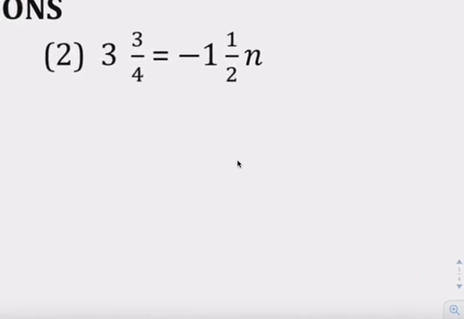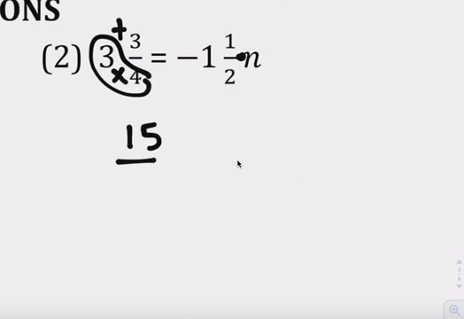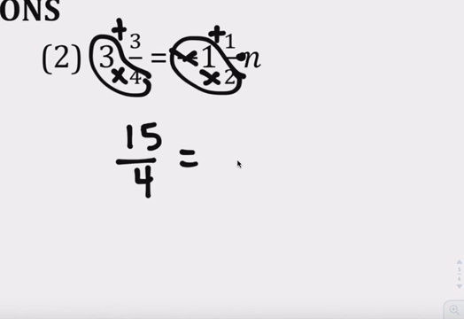Alright, this one here, this is times, so you're going to have to make all the numbers improper. Multiply, add: 15 over 4 equals, multiply, add, ignore the negative, that's 2, 3 over 2.